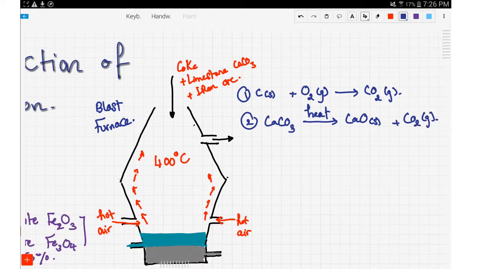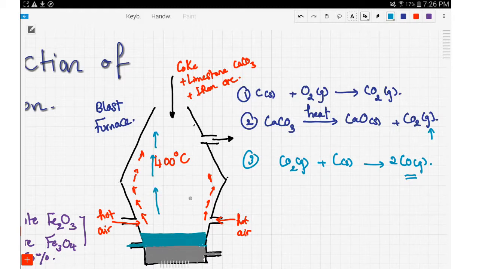Now, pay attention. Well, the next thing that's gonna happen is that the carbon dioxide generated from this reaction will go up in the furnace and react with more coke, giving carbon monoxide gas. Then the carbon monoxide right here starts to go up in the furnace and it acts as a reducing agent, reducing the iron ore.